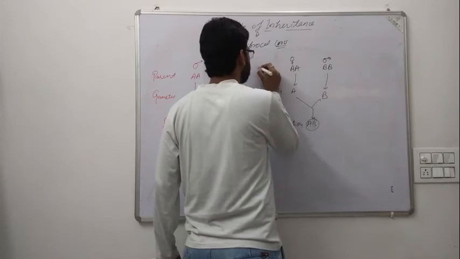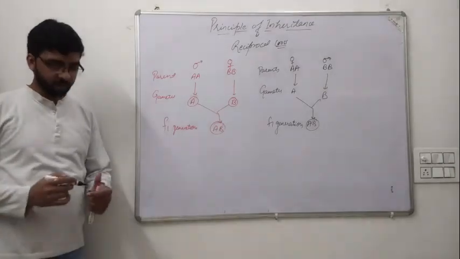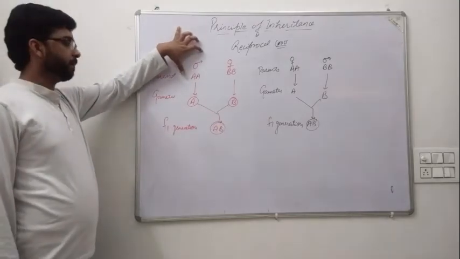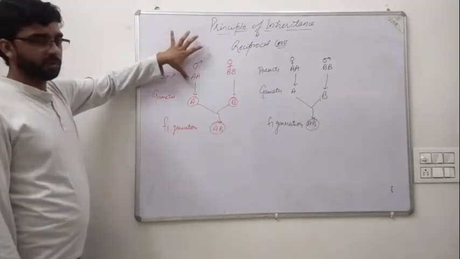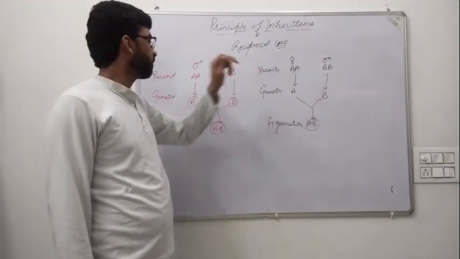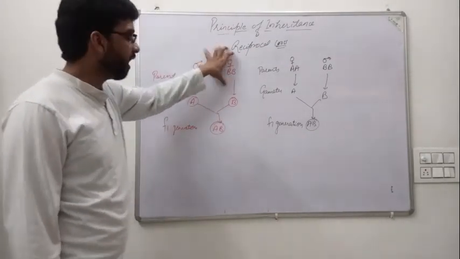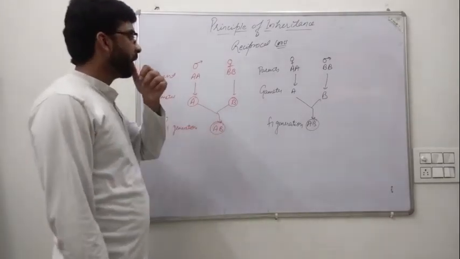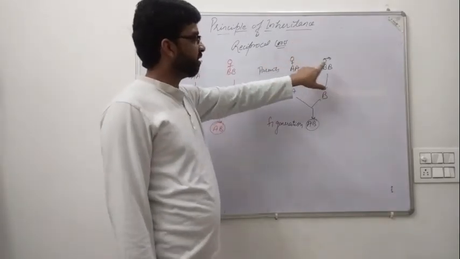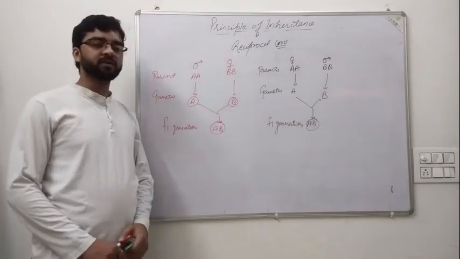So in a reciprocal cross, we take generation A as male with the same generation A as female. The male generation is crossed with a B female generation, and we get a cross. Then we cross A as a female generation and B as a male generation, and we again find an F1 generation.